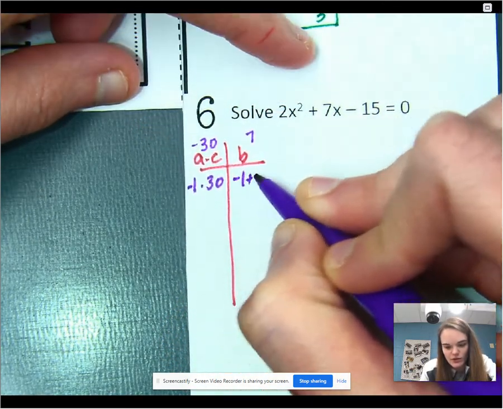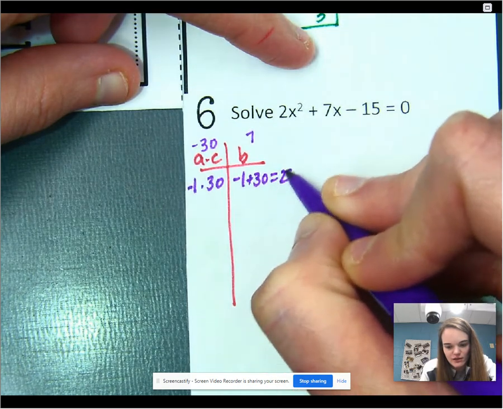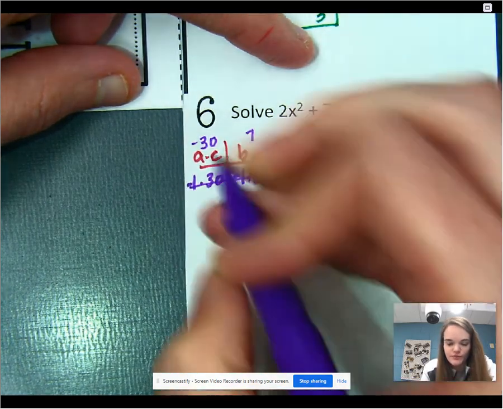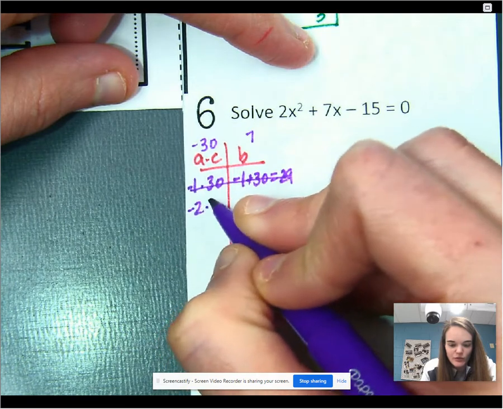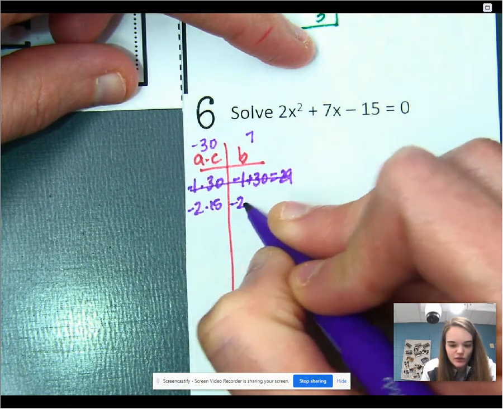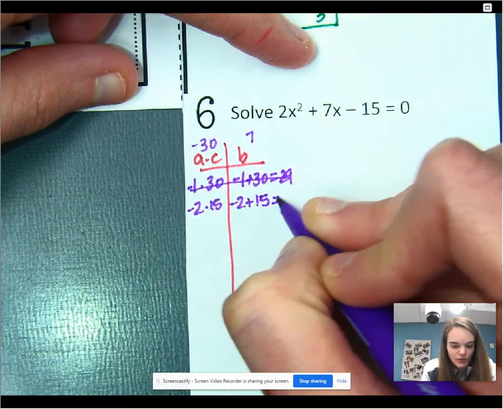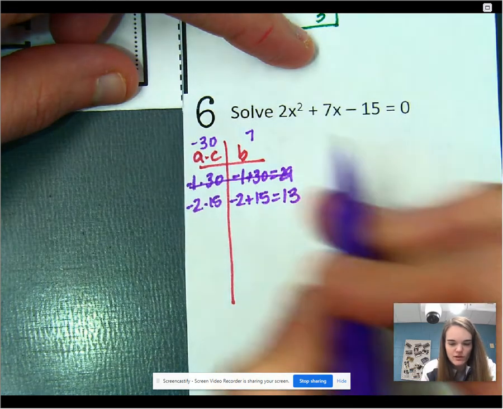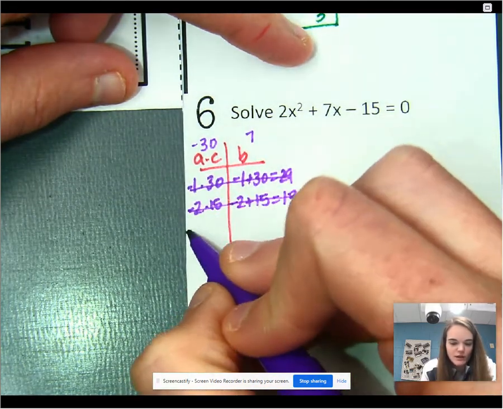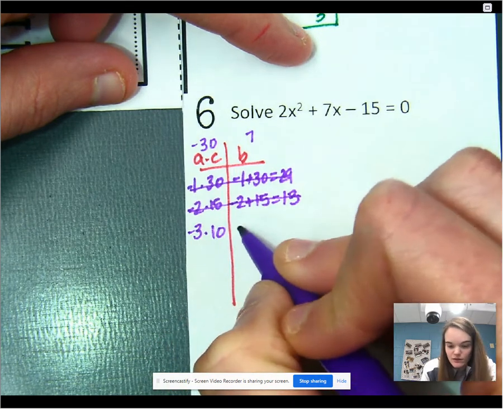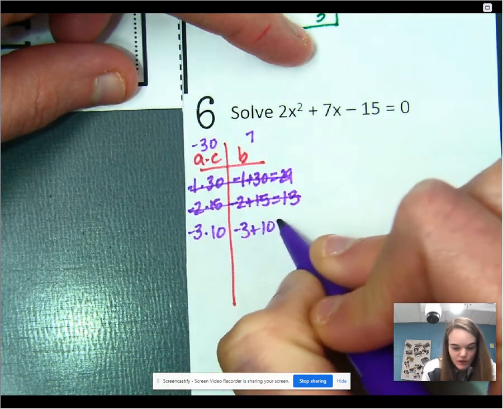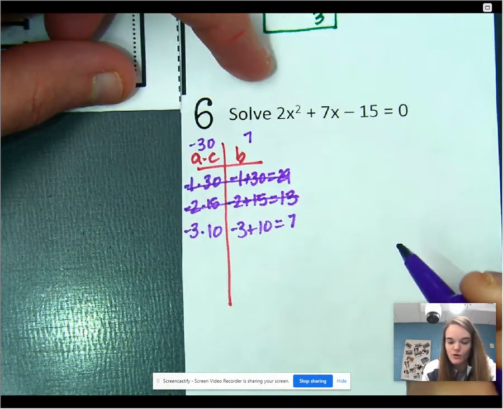Negative 1 plus 30 is 29. Nope. Negative 2 times 15. Negative 2 plus 15 equals 13. No. Negative 3 times 10. Negative 3 plus 10 is 7. So that's what I want.